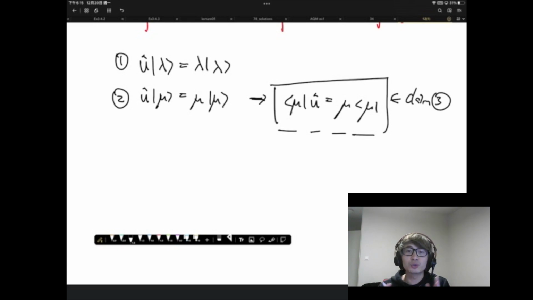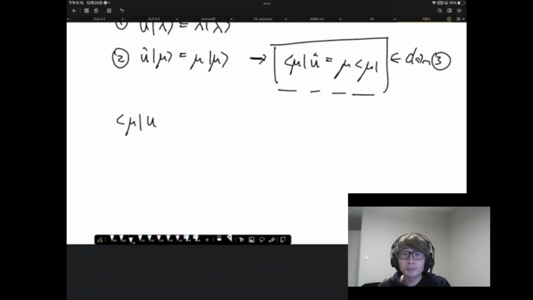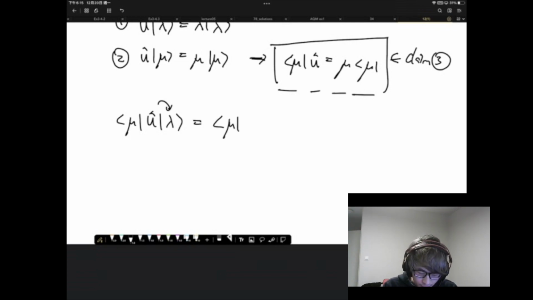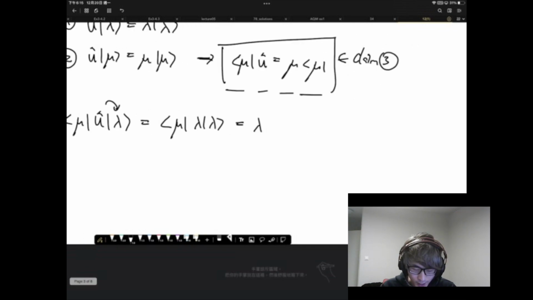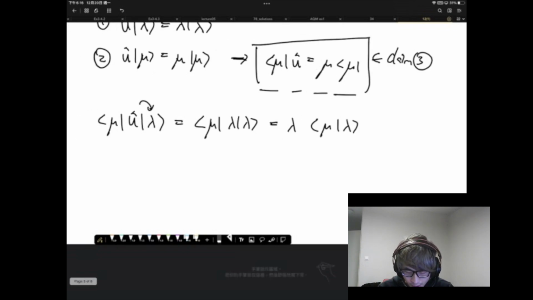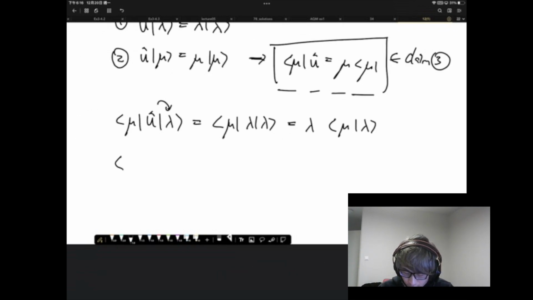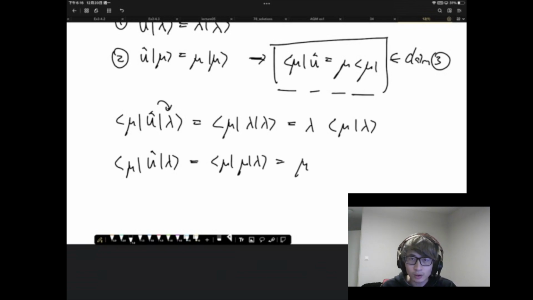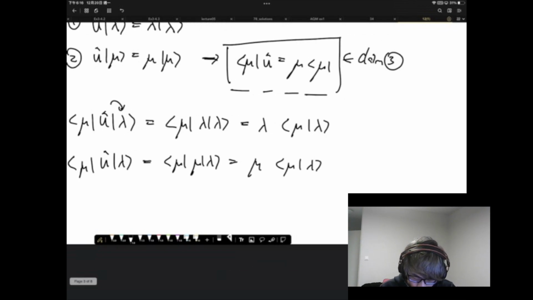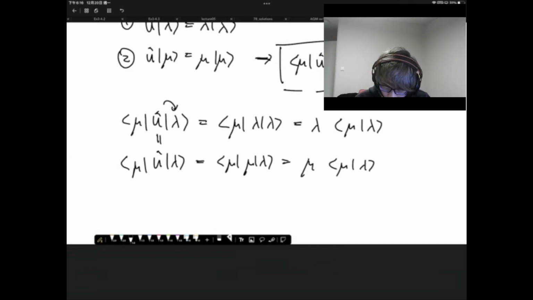Now we sandwich the unitary operator between bra mu and lambda. Now we have the unitary operator acting on the eigenvector, so we have mu, lambda, and the number can be taken out. So now we have an inner product of mu and lambda. In another way of the action of the unitary operator, we have mu U lambda, and now acting on the bra vector, we have mu lambda, and the number can be taken out.